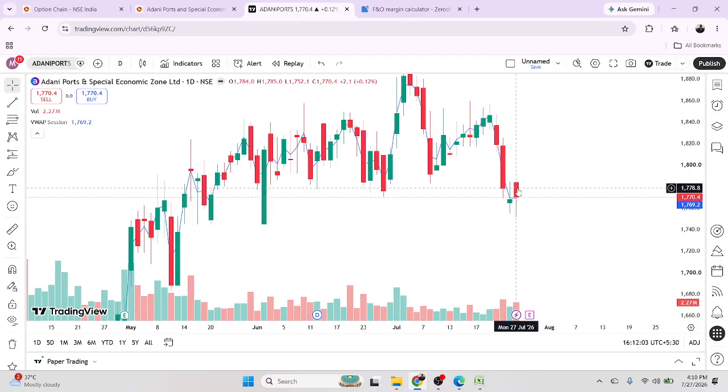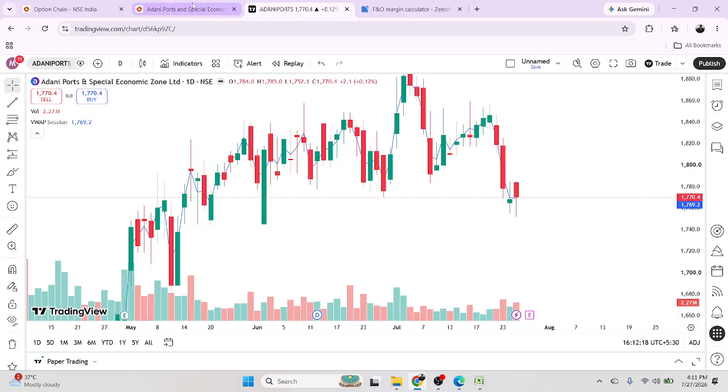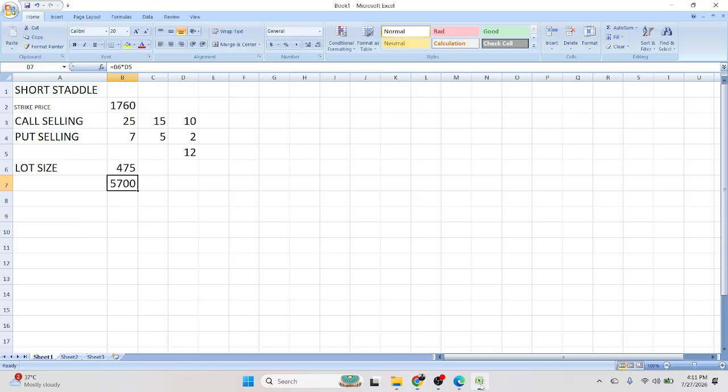It opened at 1784 and closed at 1752. So in this way you can make a profit of up to 5700 if you do the call writing.